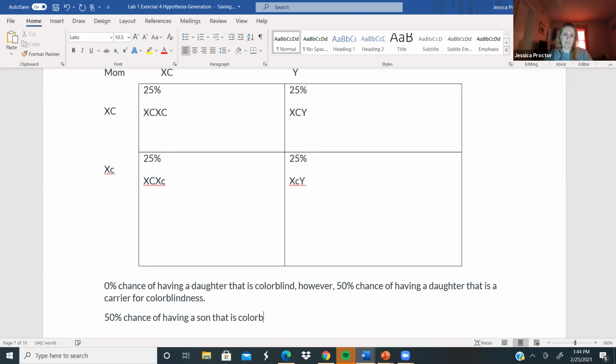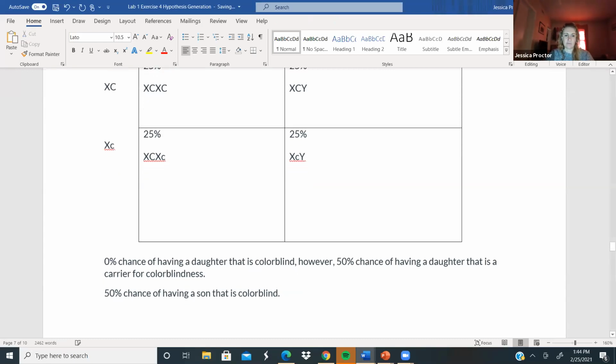So 1 out of 2, 50%. And then they also have a 50% chance of having a son that has normal color vision.